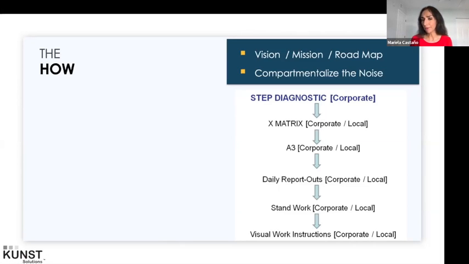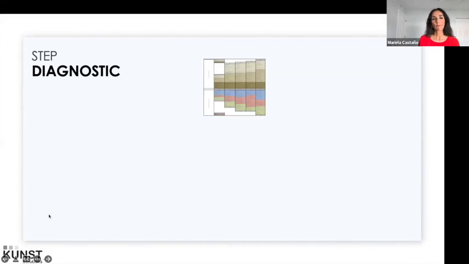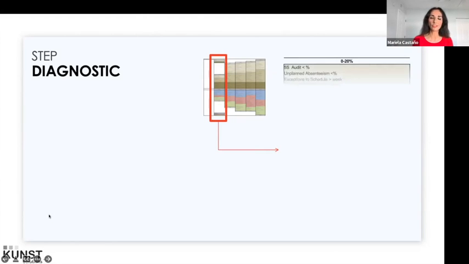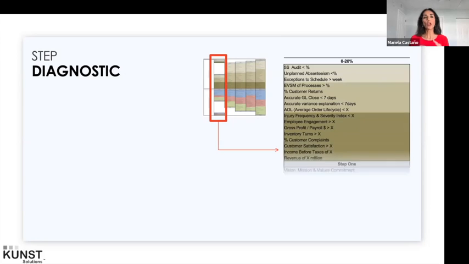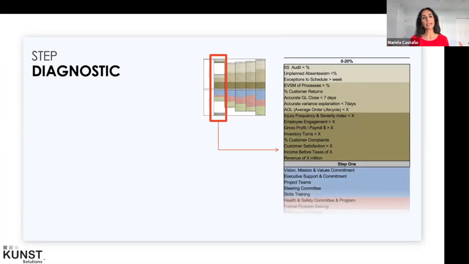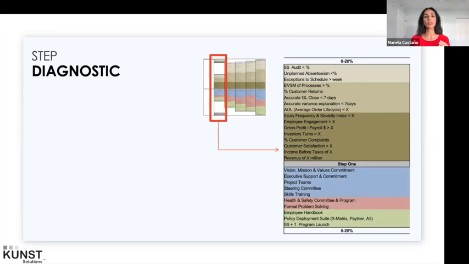I'm sure many of these words are not new to you, but I want to show you how these link visual management and productivity all together. So what is the step diagnostic? The step diagnostic is actually a proprietary tool to Kun Solutions. With this tool, we work with the leadership of the organization to create a roadmap for 5 periods of time.